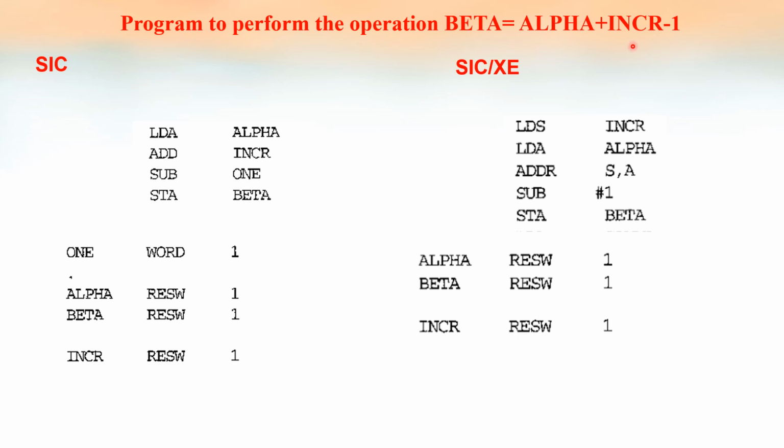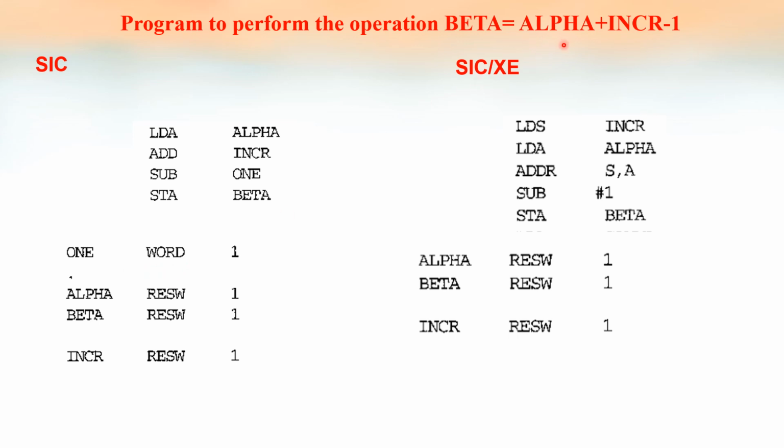So alpha, INCR and beta are the variables used here. These variables have to be declared. ALPHA RESW 1. One word is reserved for alpha. Then BETA RESW 1. INCR RESW 1. Again we are using a constant 1 over here. So 1 is a constant. ONE WORD 1. Integer constants are declared using WORD.